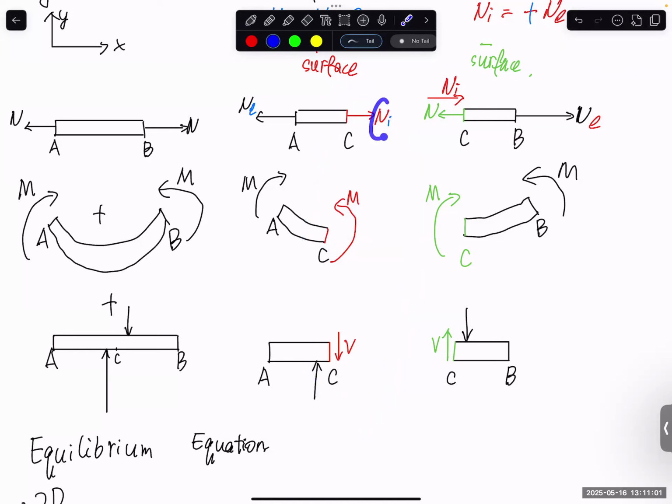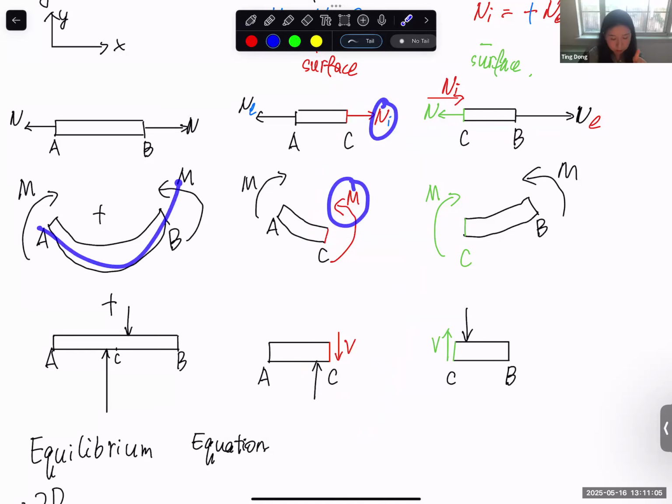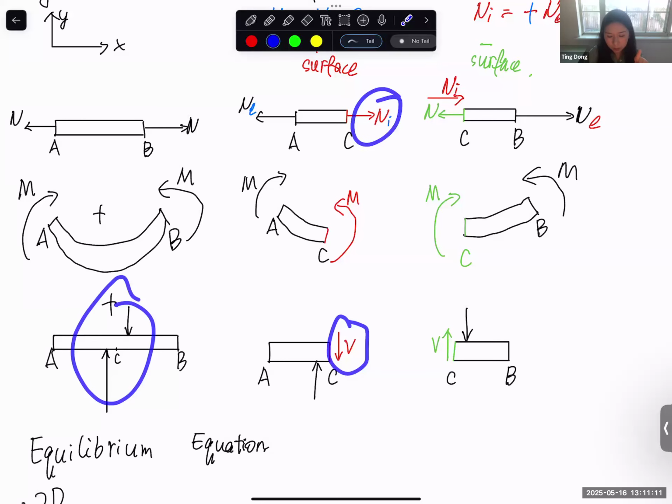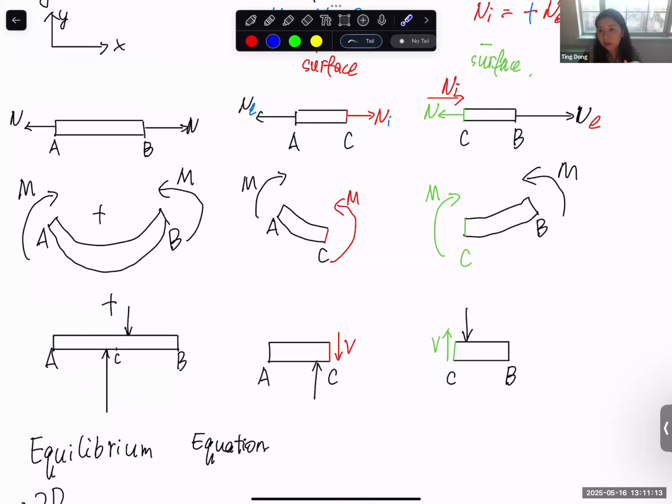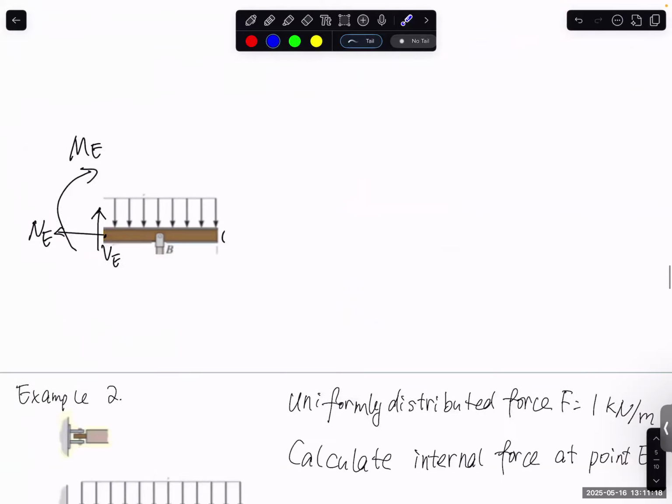If we get a positive value, it means that it's in tension. If we get a positive value in bending moment, we know it's bending this way. If we get a positive value in shear, we know it is shearing this way. If we get a negative value, we know that this structure is in compression.